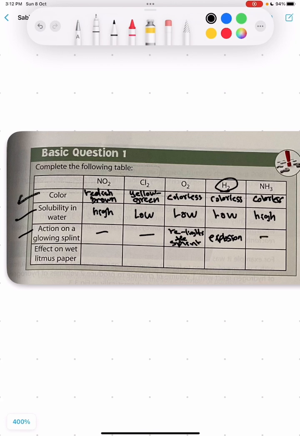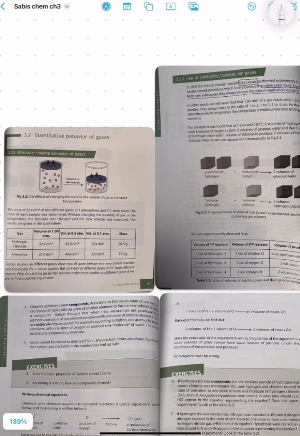For ammonia, nothing. The effect on the wet litmus paper. For NO2, it's red. For Cl2, bleached. O2, nothing. Hydrogen, nothing. Ammonia, blue.